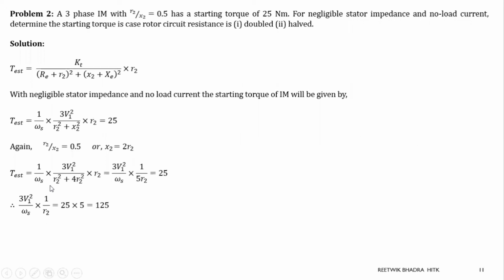So 3V1 square by omega S, into R2, over 4 R2 square plus R2 square, that means 5 R2 square, and one R2 cancels out. So this becomes 5 R2, equal to 25, as given in the question. So from here we find the value of the constant, 3V1 square by omega S into R2, which is 25 into 5, that is 125. This constant will be required in solving our problems at a later stage.